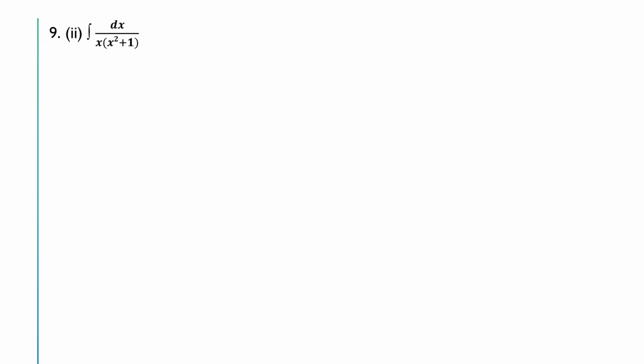The next question, integral dx upon x into x square plus 1. So here we have to multiply and divide by x. Let us take this as equal to I. So when we multiply and divide by x, we get I is equal to integral x dx upon x square into x square plus 1.